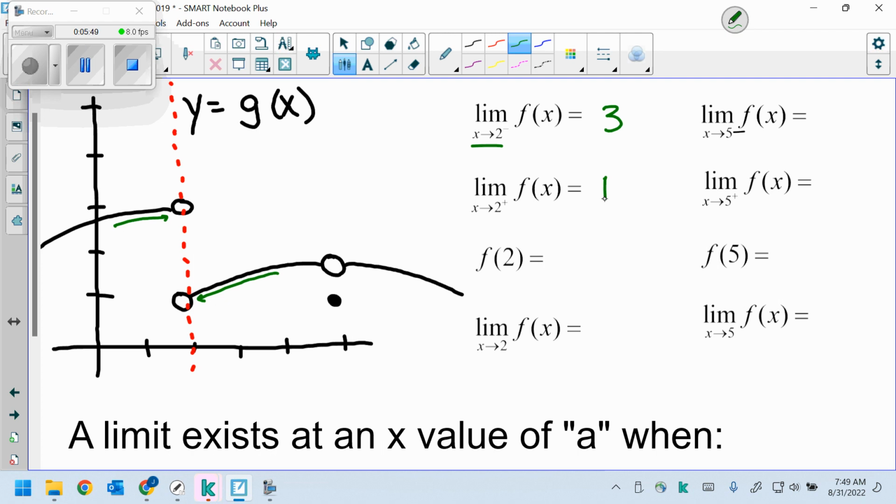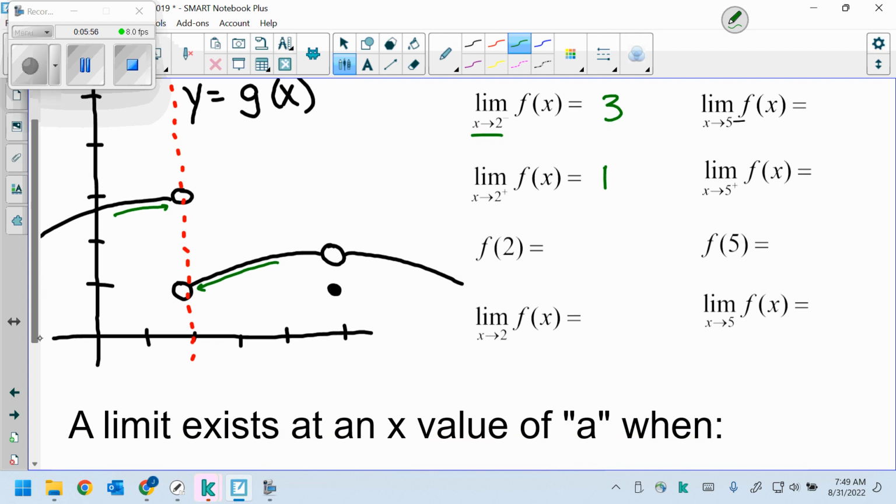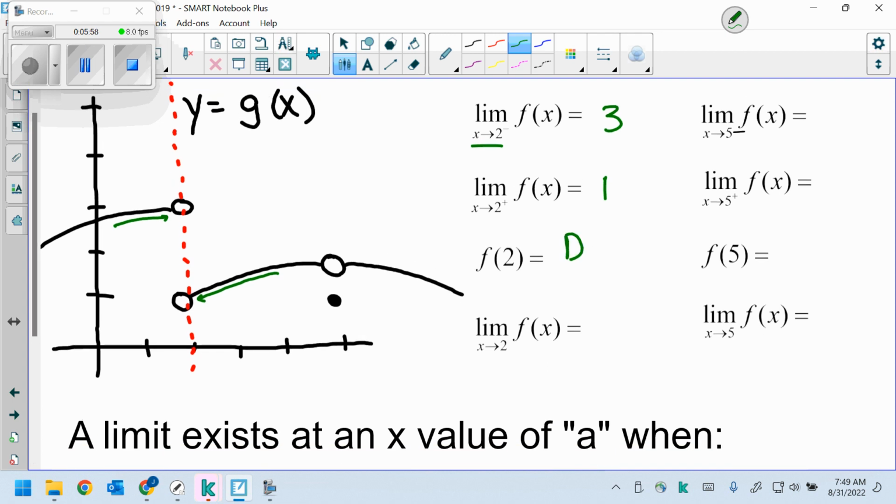And f of 2, what is the value of the function? I guess I don't even have a dot there. f of 2 does not exist. So what is the limit as x approaches 2? Well, it depends on if I'm coming in from the right or coming in from the left.